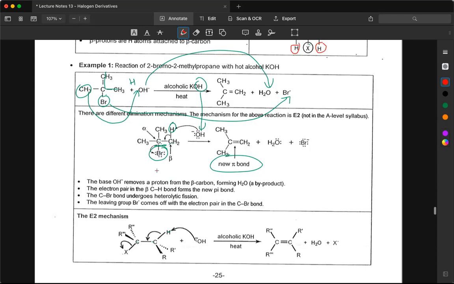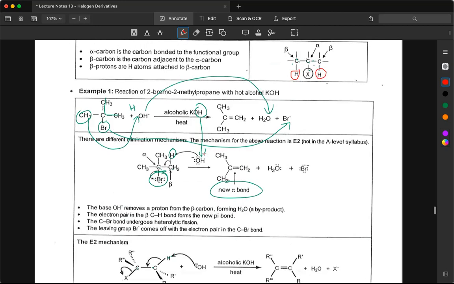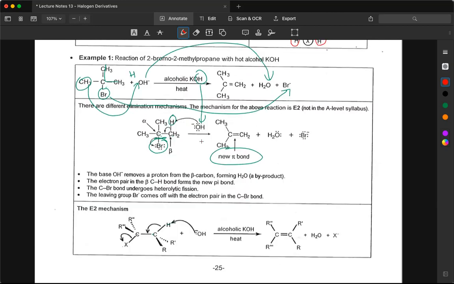What happens here is that the base OH⁻, in alcoholic medium, behaves as a base. The base OH⁻ will start to remove the proton from the beta carbon, forming H2O.